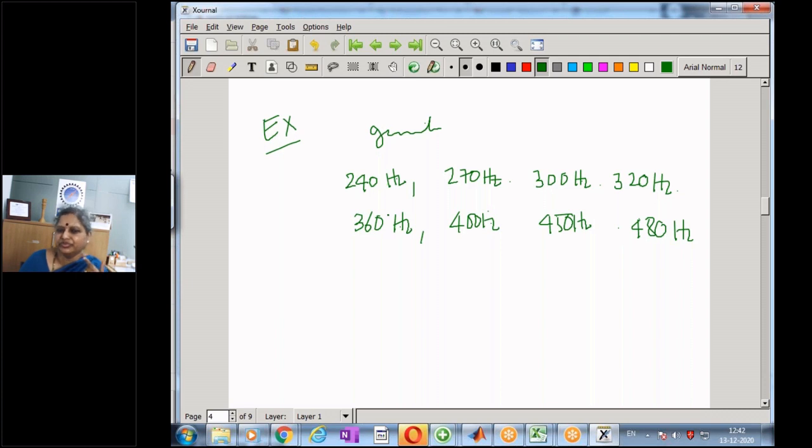So I'm starting with 240 hertz, and my last frequency is 480 hertz, which is twice 240. Let me generate these waves and hear them, just for fun.